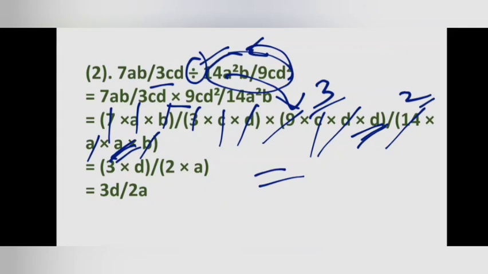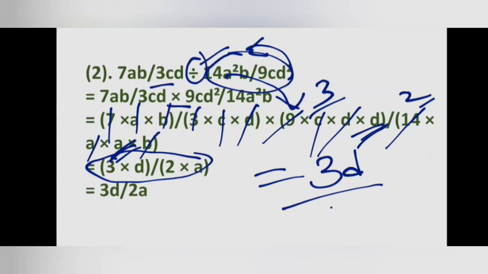So at the end of the day, 3D over 2A is actually 3 times D over 2 times A. You can't cancel that again because they are unlike terms, and 2 cannot go into 3 perfectly, so you leave it as a fraction. I hope this was very simple.